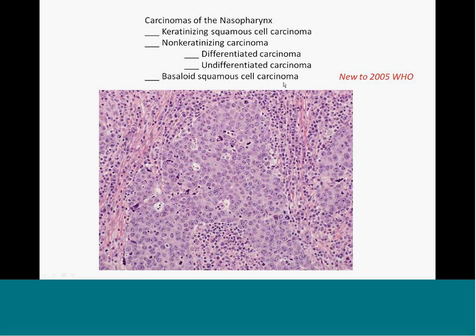Basal squamous cell carcinoma is a new category of nasopharyngeal carcinoma added in 2005 to the WHO. This type of tumor is extremely uncommon. I think I've seen one of them as part of an undifferentiated carcinoma. It was, in fact, EBV positive, but they're extremely uncommon.